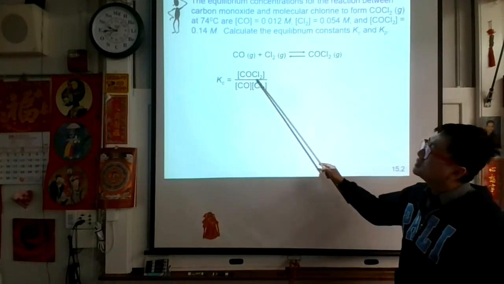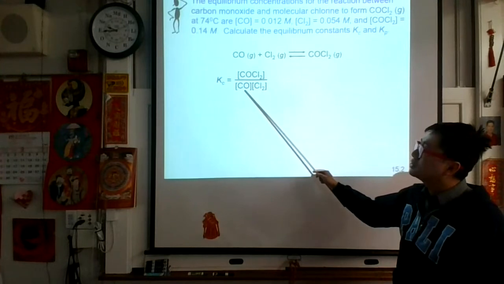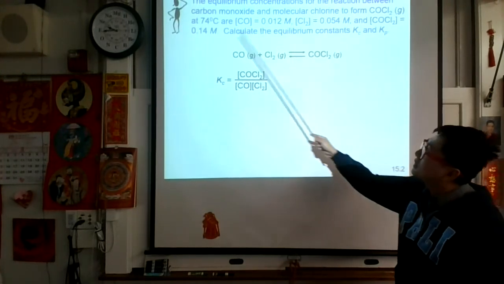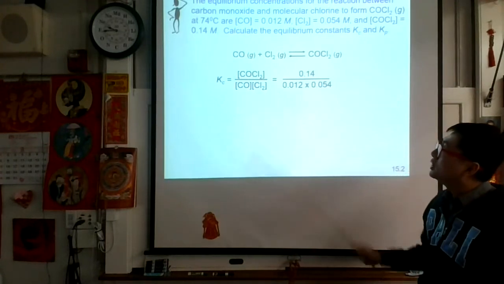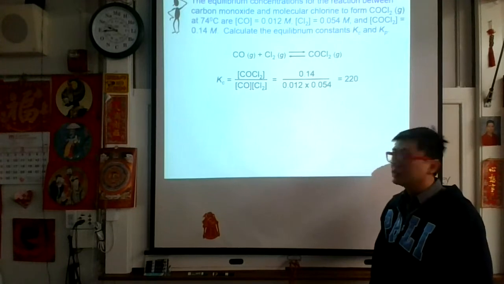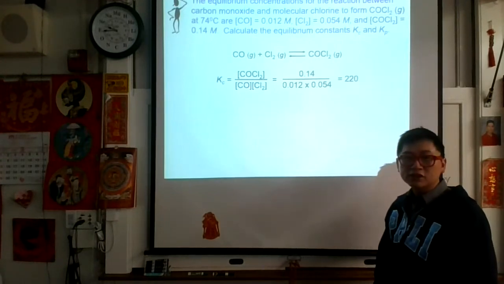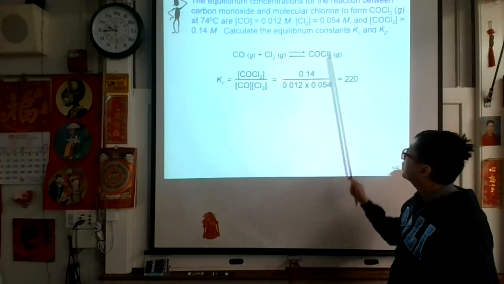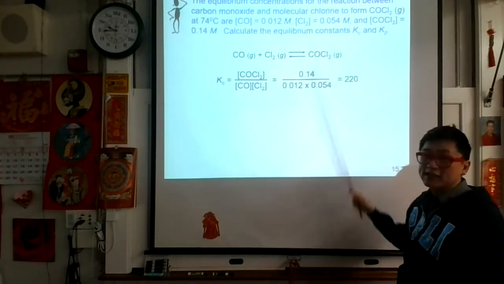Do I know the concentrations of COCl2, CO, and Cl2 at equilibrium? Yeah, they're all given. So just plug them in and type it into a calculator. I found Kc in my calculator is 220. So that's the first part of the question.